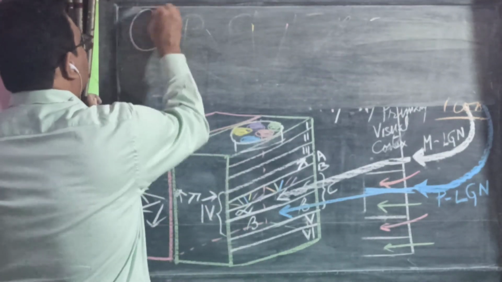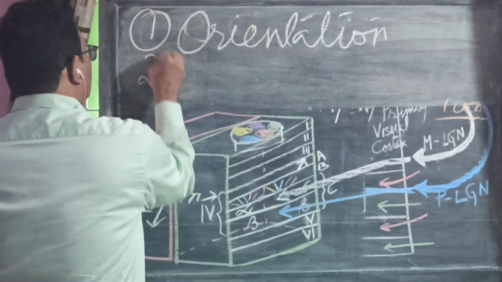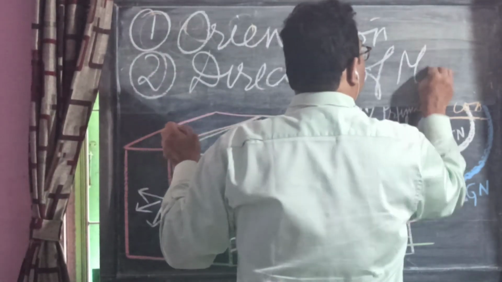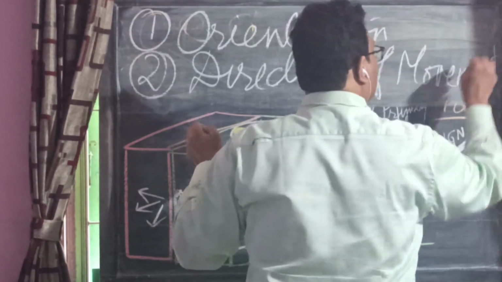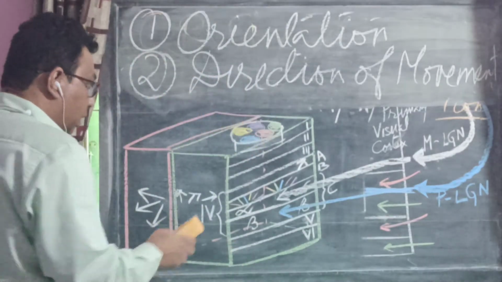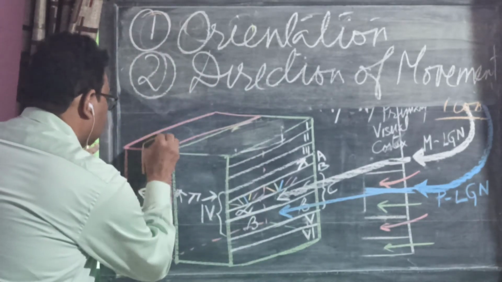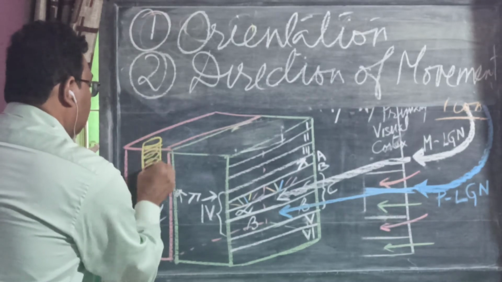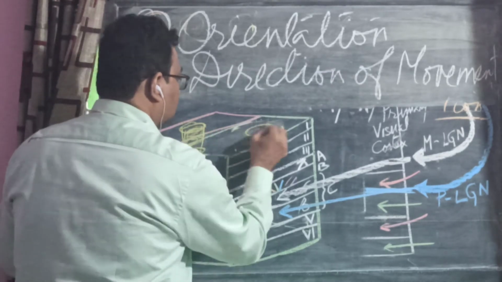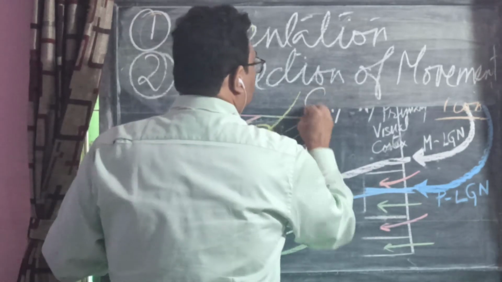So you have one, orientation, two, direction of movement, and you also have something called the color block.